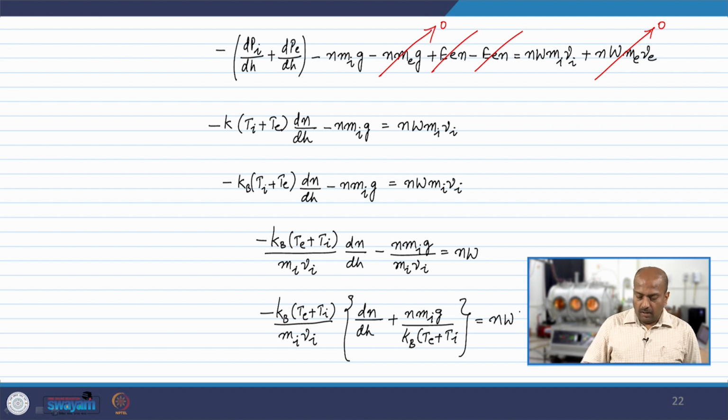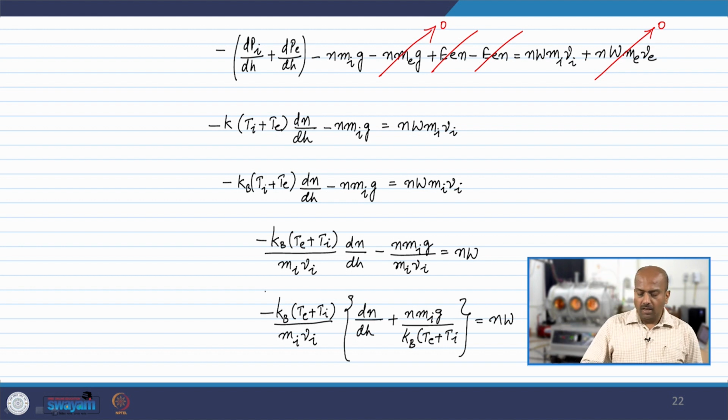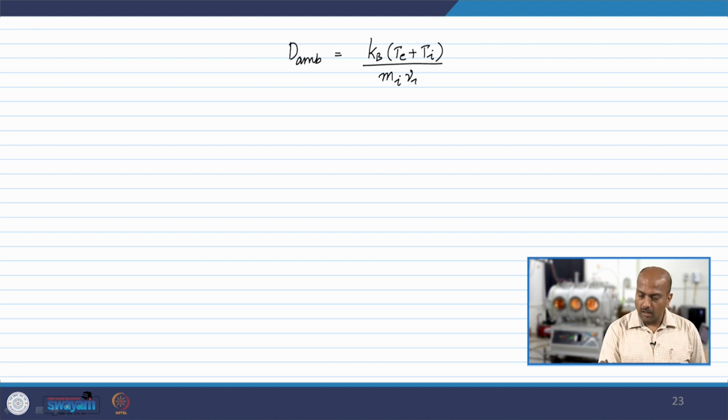So, this factor that appears, Kb times (Te plus Ti) divided by mi nu i, is in the dimensions of diffusion coefficient, and we are going to call this D suffix amb, which is Kb times (Te plus Ti) divided by mi nu i.